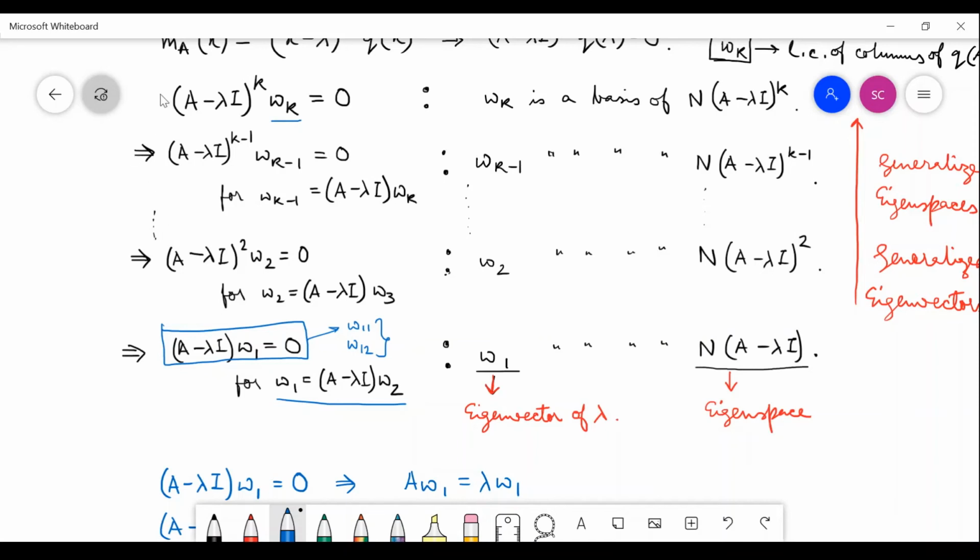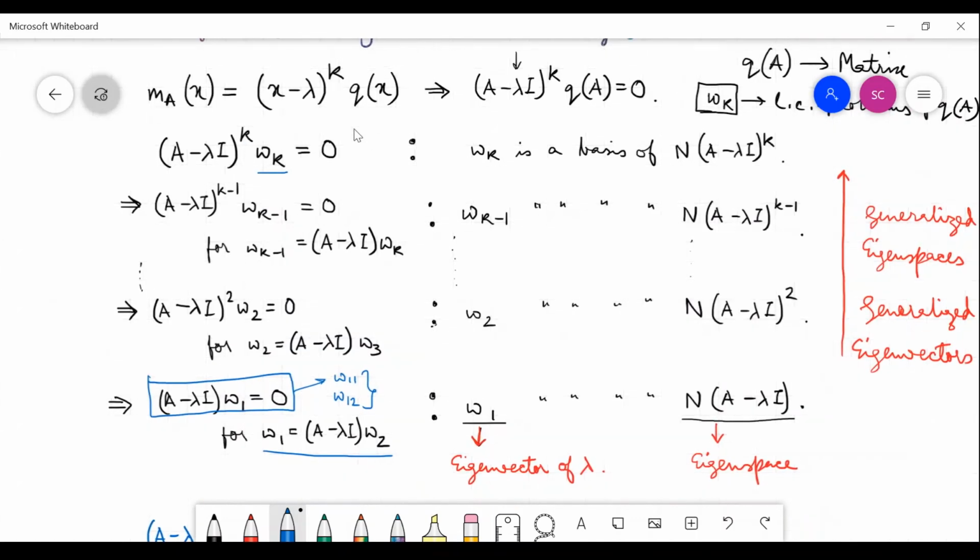That we have already seen, because we can come to one of these omega 1 when we choose an omega k which is non-zero, and this can always be chosen because of the minimal polynomial having x minus lambda to the power of k.